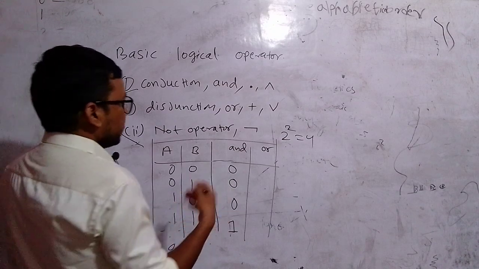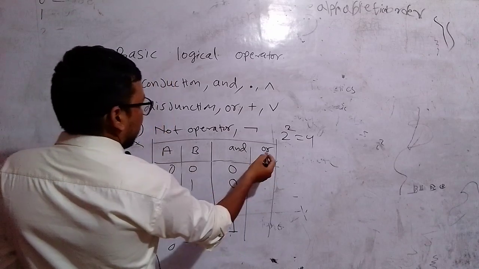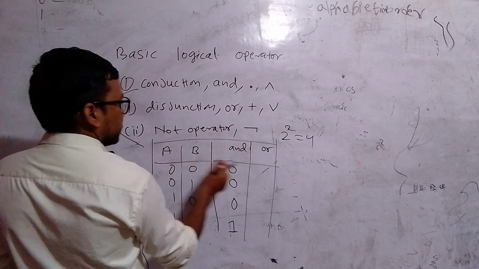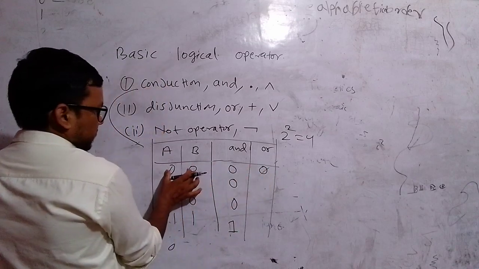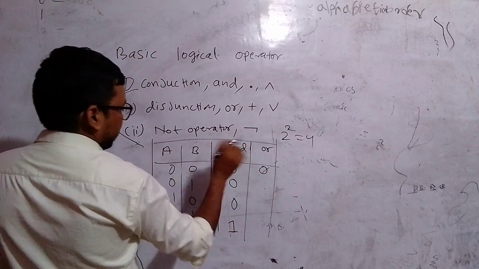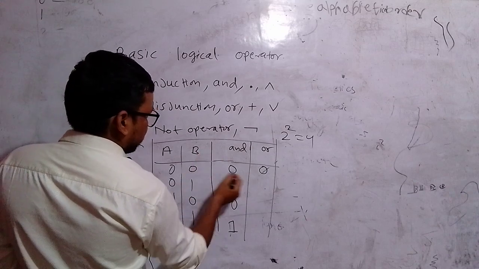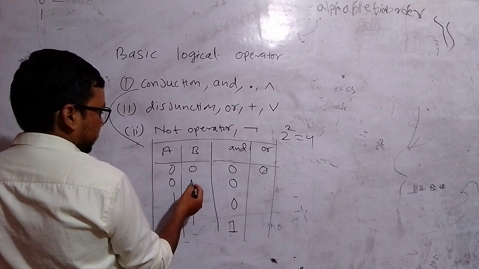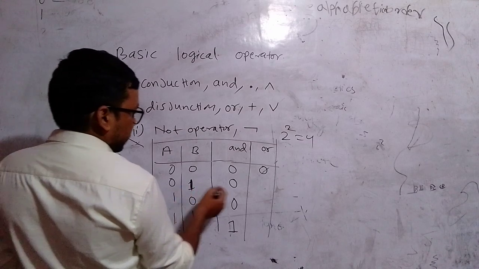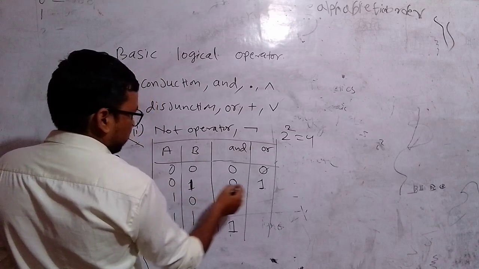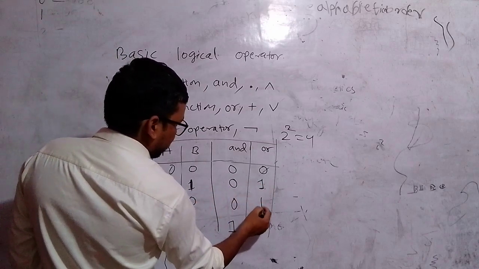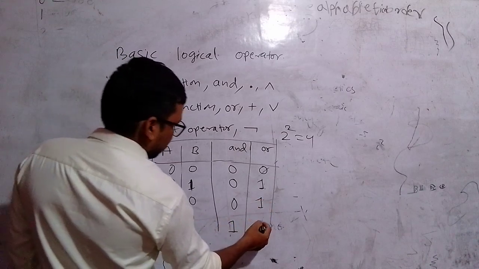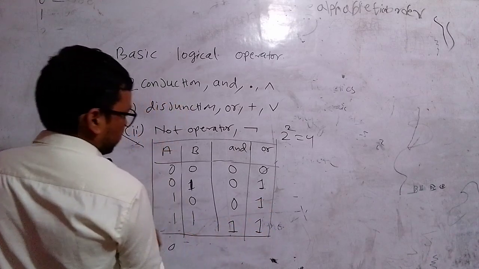In other words, we can say the OR operator gives output 0 only if both of its inputs are 0. That means 0 0, two inputs are 0, so it will produce 0. If it has at least one input 1, it gives 1. If both inputs are 1, it also produces 1.